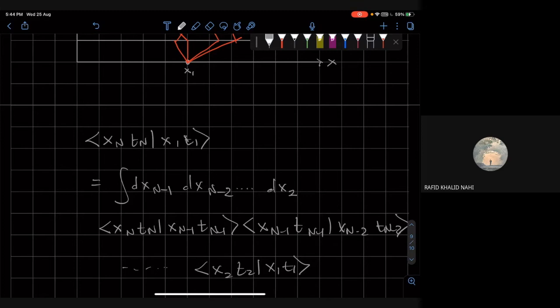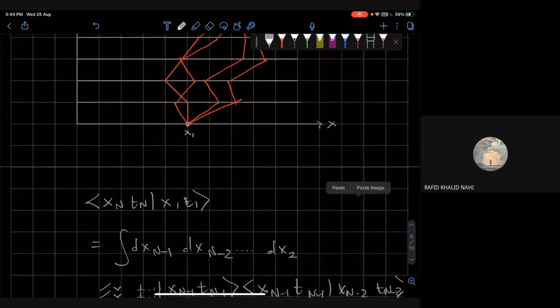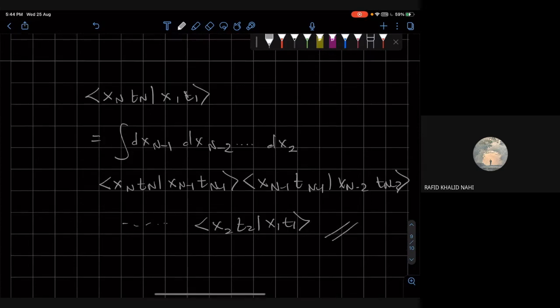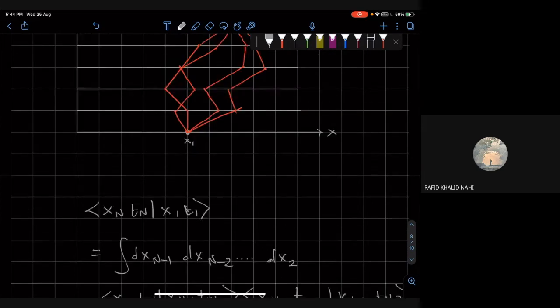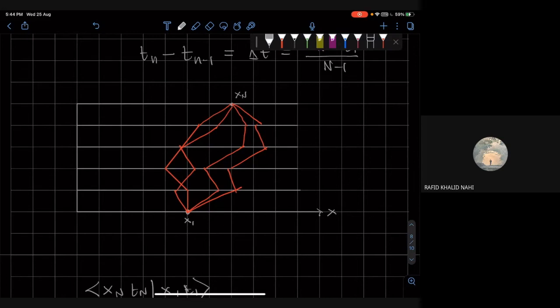Okay, does it make sense? I mean, this formula, of course, is very easy to see, but this picture shows that we are actually having to integrate over all these paths.